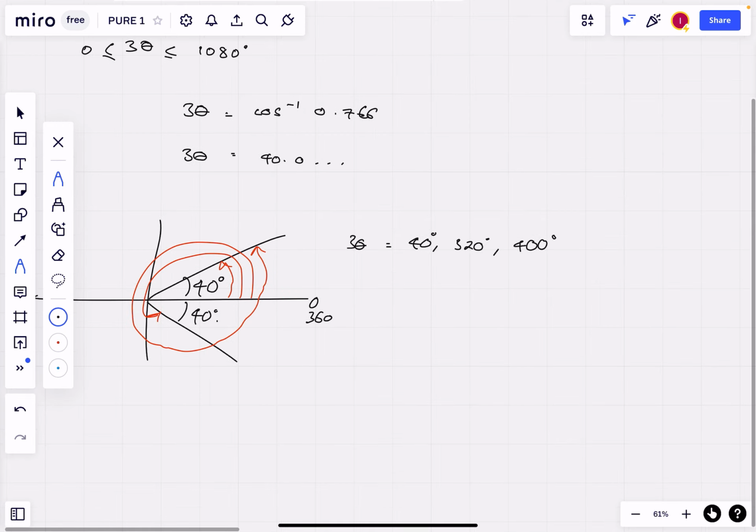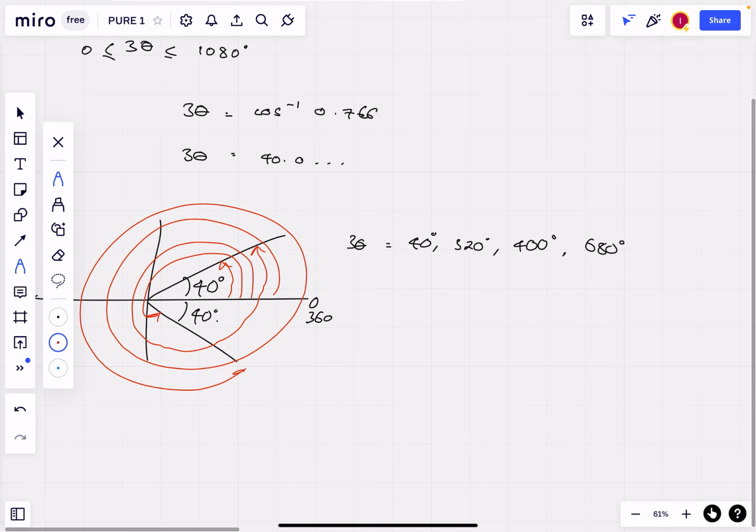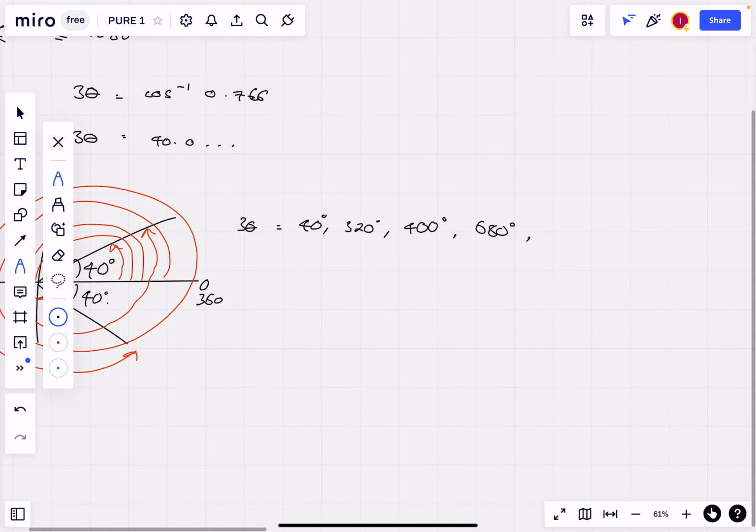So the next one would be 680, which you would get by going all the way around and then hitting that one. 680 degrees. Then 760. Then 1040. If you try and go around another time, you're going to be over your maximum, your 1080.